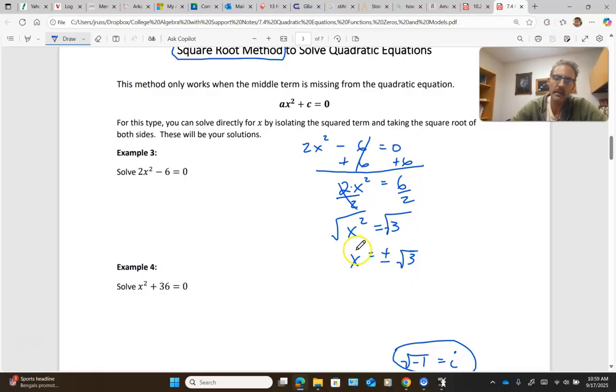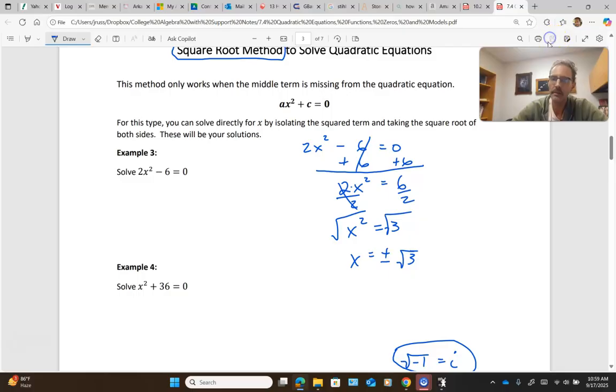And the reason that you get both a positive and a negative is because of the square right here. What does squaring something do to a number? If it's a negative, it turns it positive. And if it's already positive, it stays positive. That's why both a positive and a negative square root of 3 will work to solve this equation.